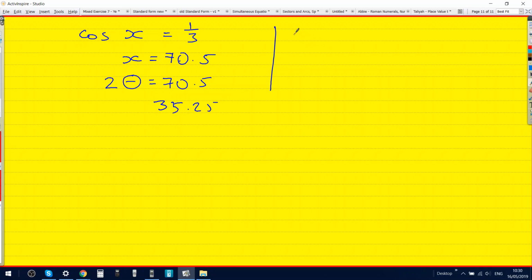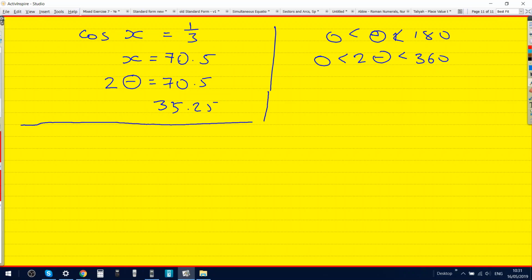I think actually they said theta is between 0 and 180, and so for 2 theta we'd have to look at between 0 and 360. So we would have to get the second answer. How do you get the second answer for cos?